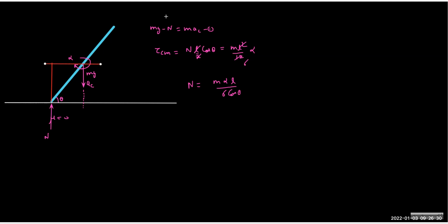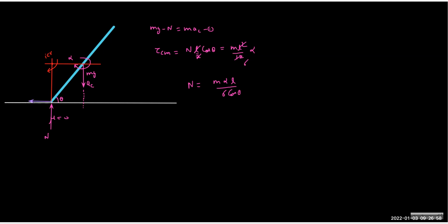In this falling rod, this is the ICR, because the bottom is trying to slip left and the center is trying to go down.